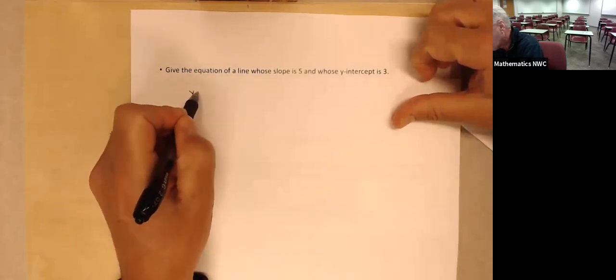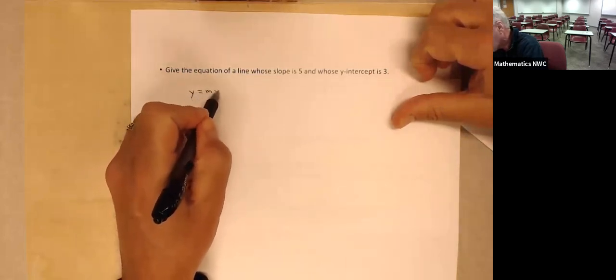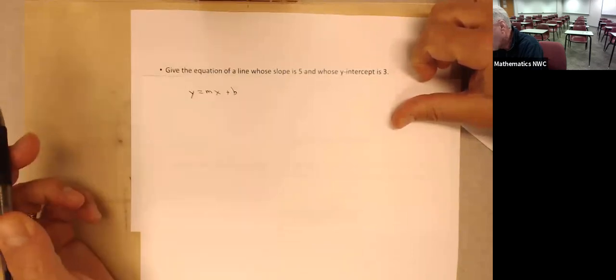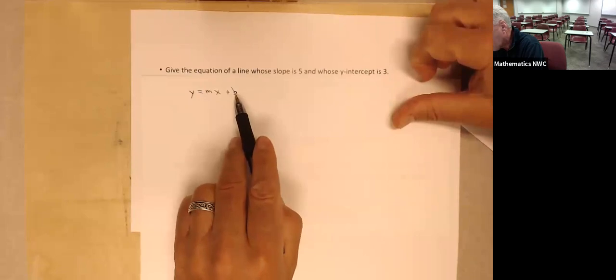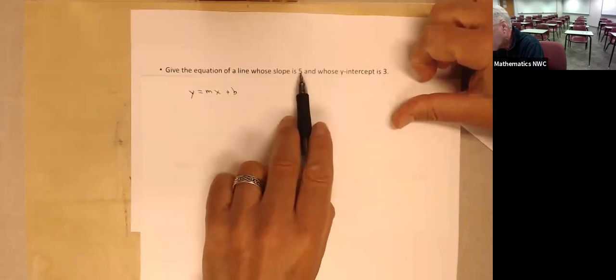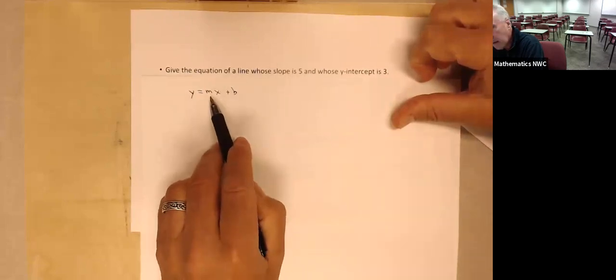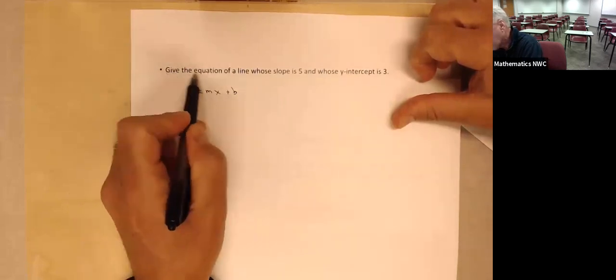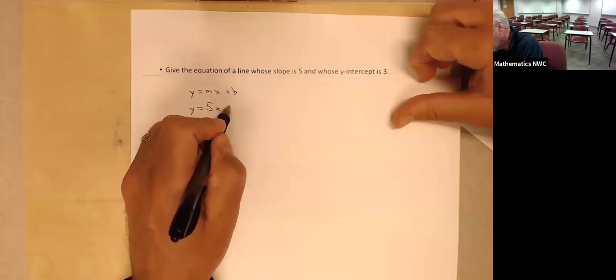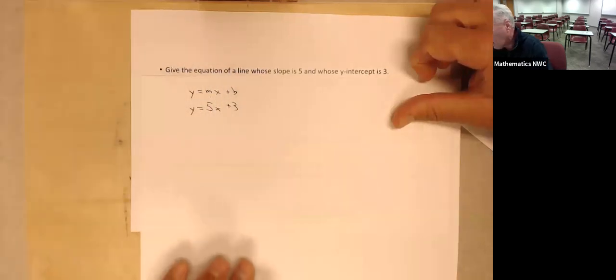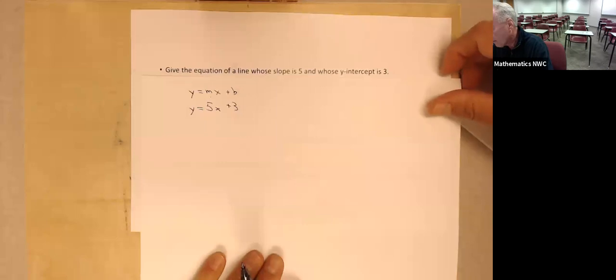That slope-intercept form was y equals mx plus b again. All we have to do is substitute 3 in for the y-intercept b and substitute 5 in for the slope m. So my answer, giving the equation, would be y equals 5x plus 3. And that's all I would have to do with that one.